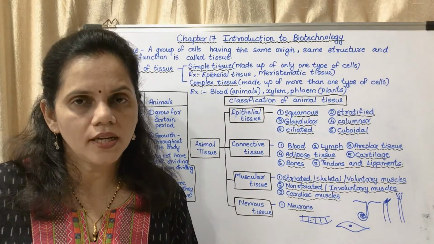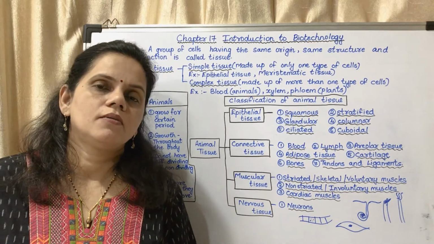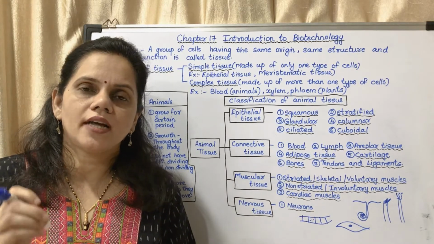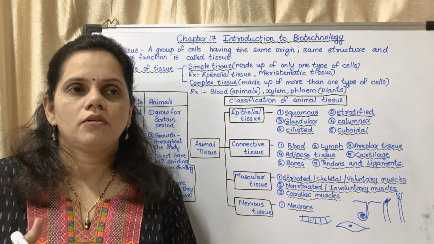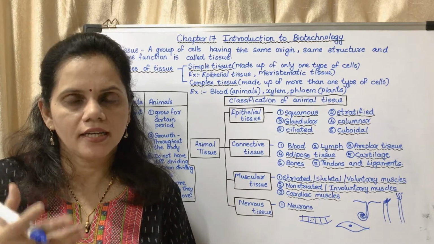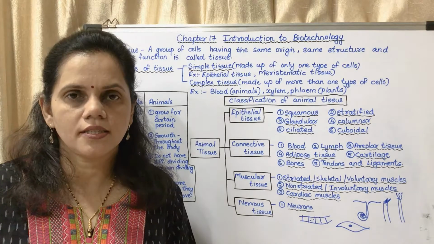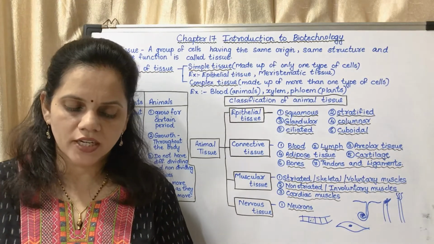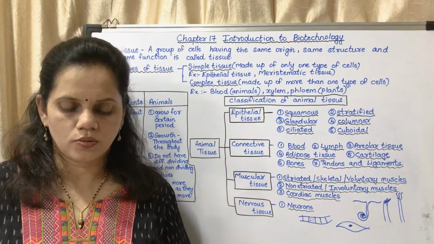We can control it a little bit, but we cannot control breathing continuously. We can control it for a little amount of time, but after that it becomes impossible. So the diaphragm is mostly voluntary but involuntary also.